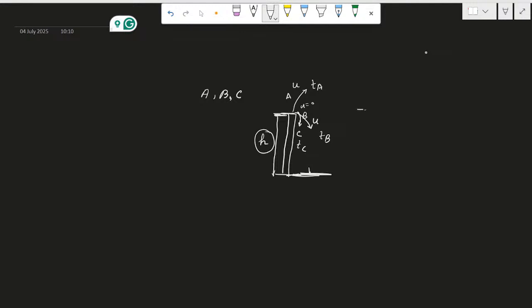So I can use the formula for all of them, A, B, C. S is equal to ut plus half at square.